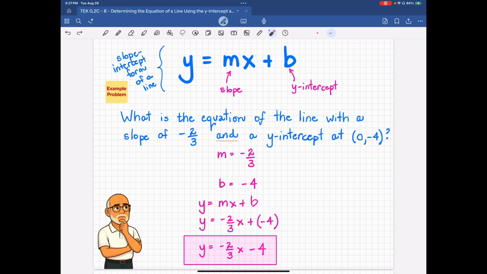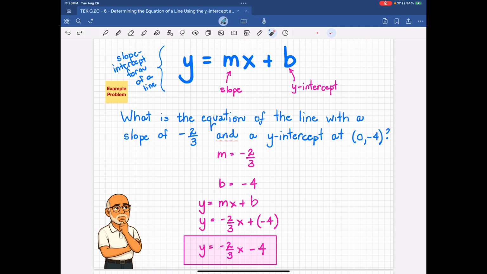So I pulled the information that I needed out of it, and I said, okay, my slope is negative 2/3, my b, or y-intercept, is -4. I know that this is the slope-intercept form of a line, so I took my negative 2/3 and put it in for m, and I put my -4 in for b, and I ended up with this equation right here, y equals negative 2/3 x plus a -4.